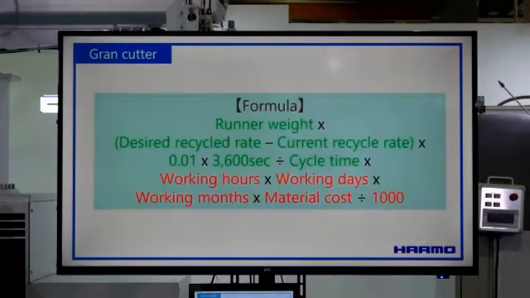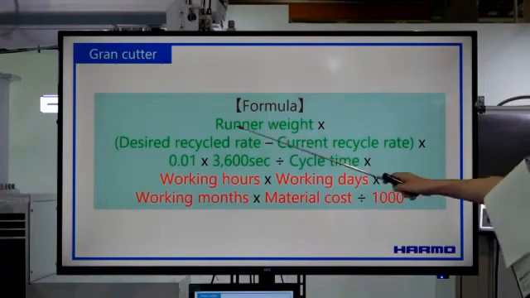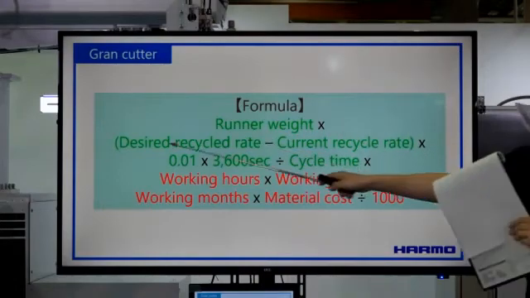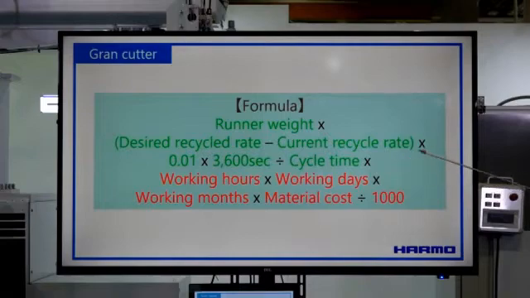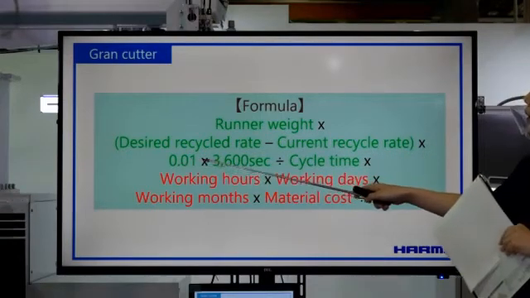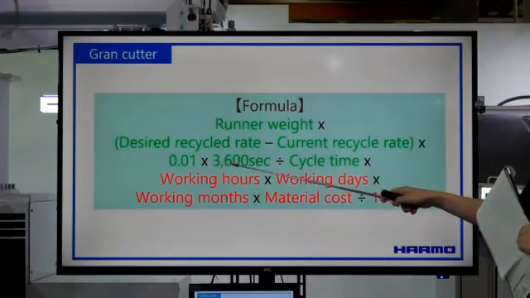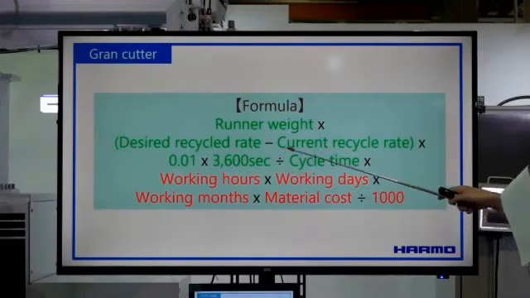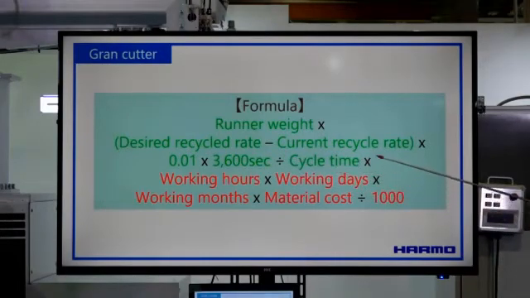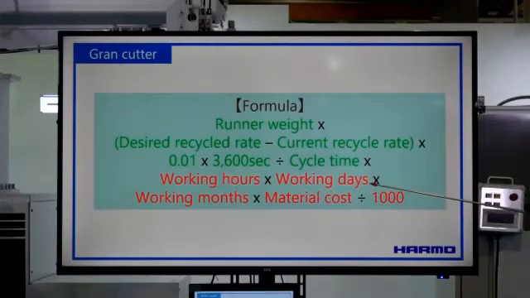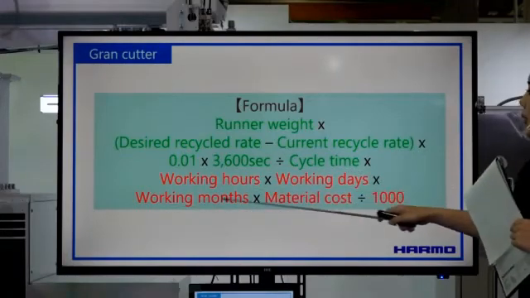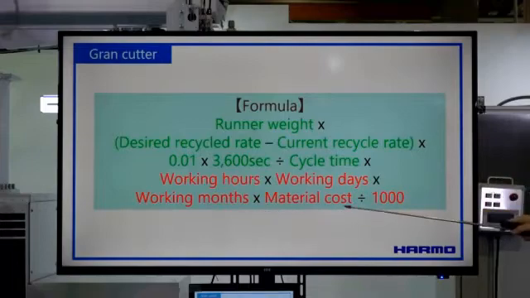So here's the formula. Runner weight times (desired recycle rate minus current recycle rate) times 0.01 times 3,600 seconds divided by cycle time, times working hours, times working days, times working months, times material cost, divided by 1,000.